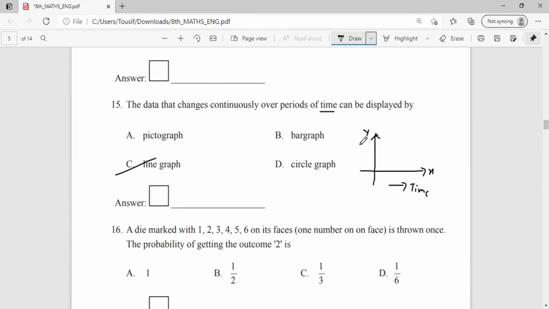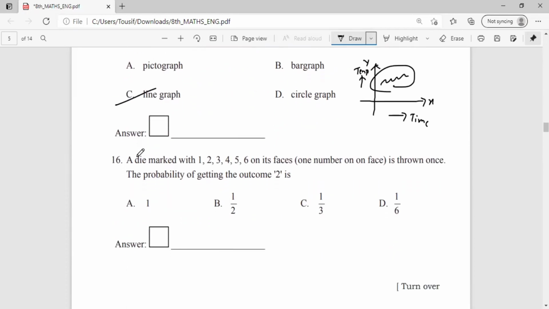They haven't mentioned the y-axis, but they're saying it changes continuously. As you can see, every minute there will be changes in the temperature. So the y-axis represents the temperature. For every second, for every minute, there will be changes in the temperature, and that data we can represent by what? Line graph. So line graph is our answer.